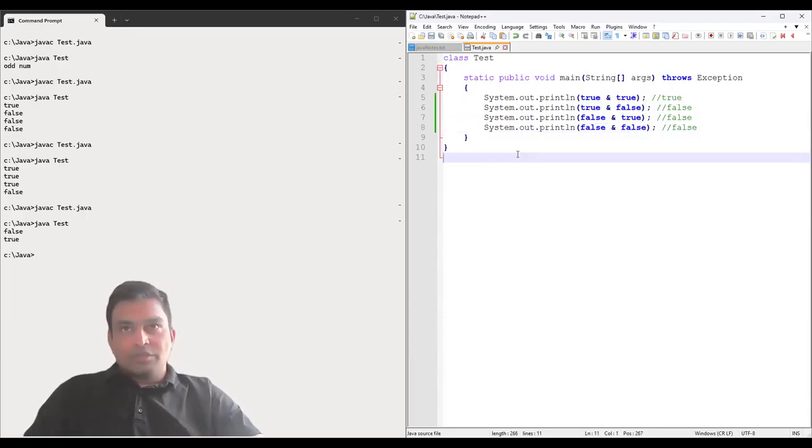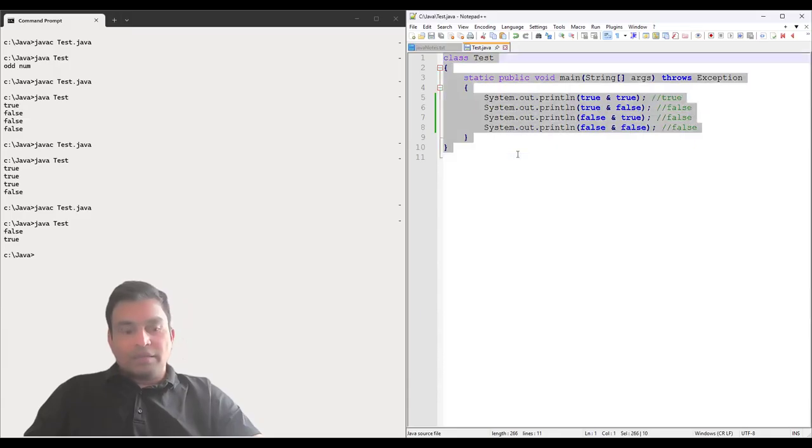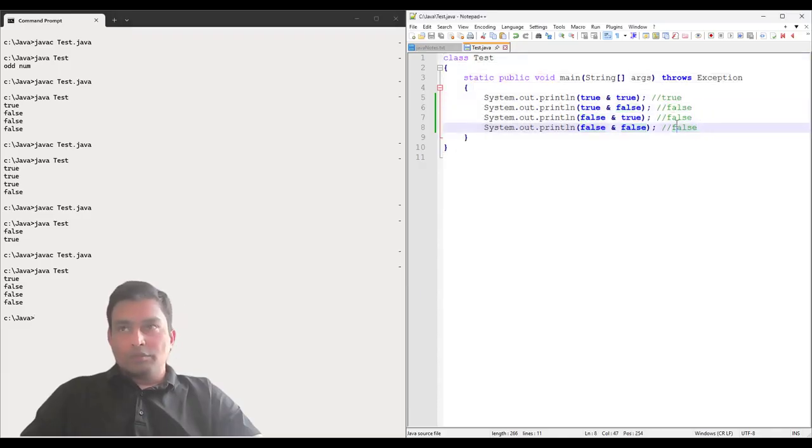We will see the difference between logical and bitwise and in a while. For now, let's execute this bitwise AND. It's going to be true, false, false, false.